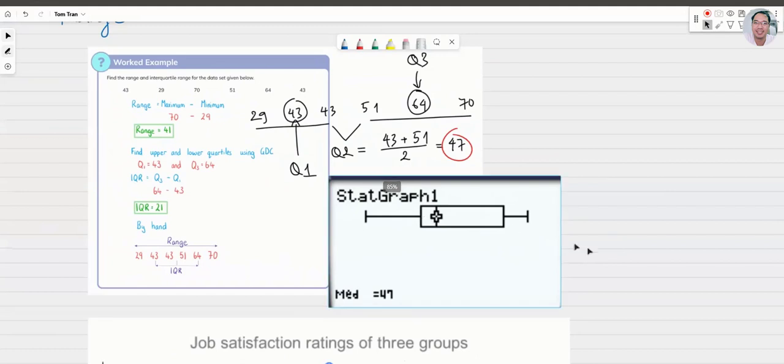So from this whisker plot, we see that the median is closer to the lower quartile. It means it is positively skewed, meaning there are more lower values than upper values.